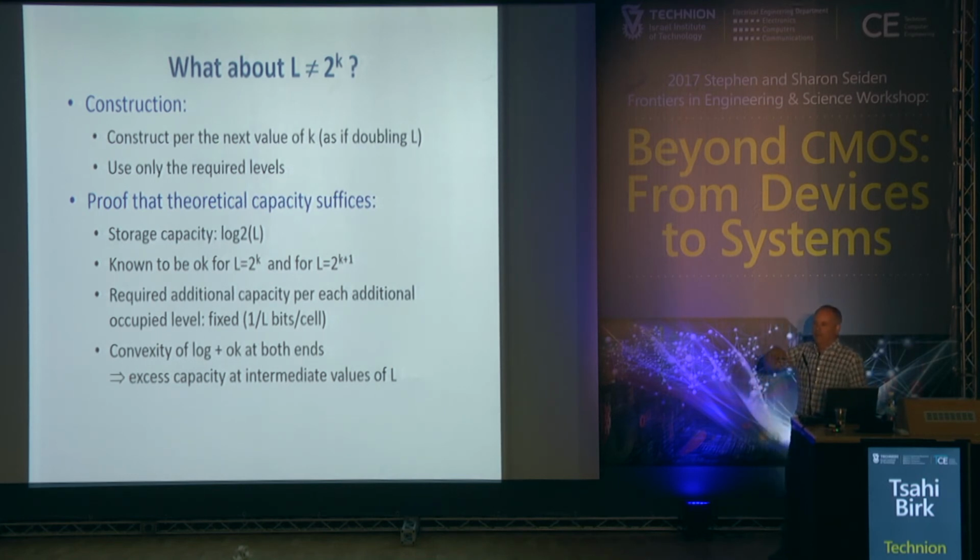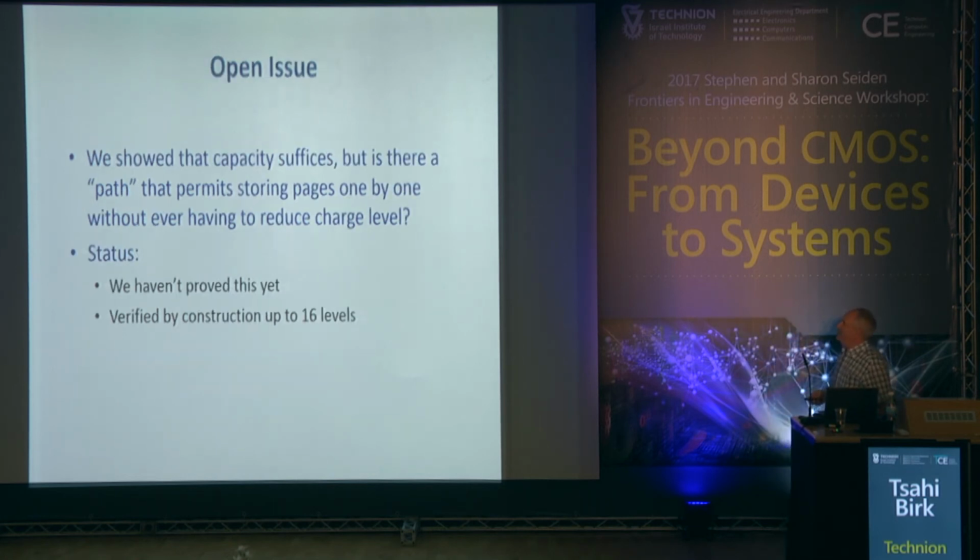It's because for every additional page we put, we need linearly more capacity. The capacity versus levels grows logarithmically. Because the derivative of a log goes like this, if we're okay here and okay here, we're definitely above the linear in between. So this is hand waving, but it's actually correct.